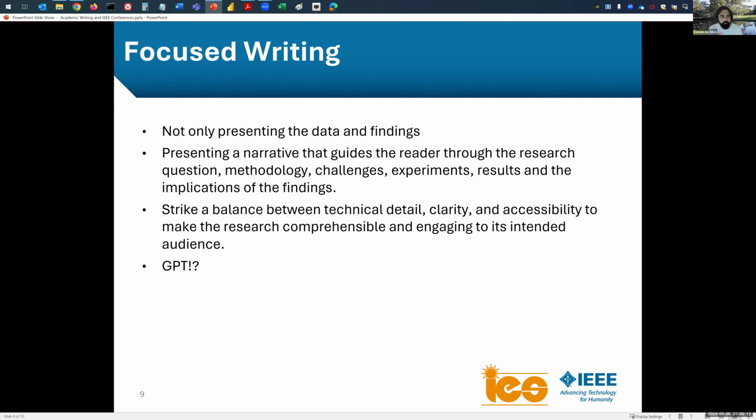So there might be some words that don't align, or the grammar doesn't align. In that case, to improve what you have written, you can use GPT. The writing is yours, but you're using a tool to improve it.